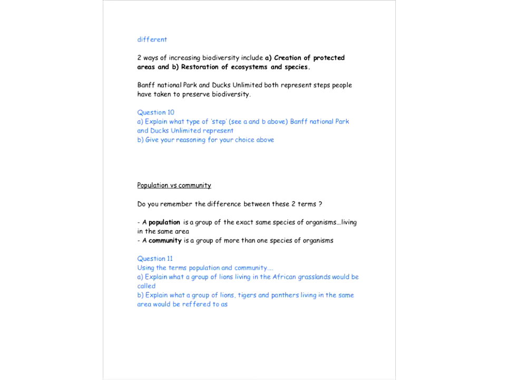And the question I have for you guys is, which represents which? Between Banff National Park and Ducks Unlimited, which one represents the creation of a protected area, and which represents the restoration of ecosystems and species? Let's start with the first one. Which one do you think represents the creation of a protected area?